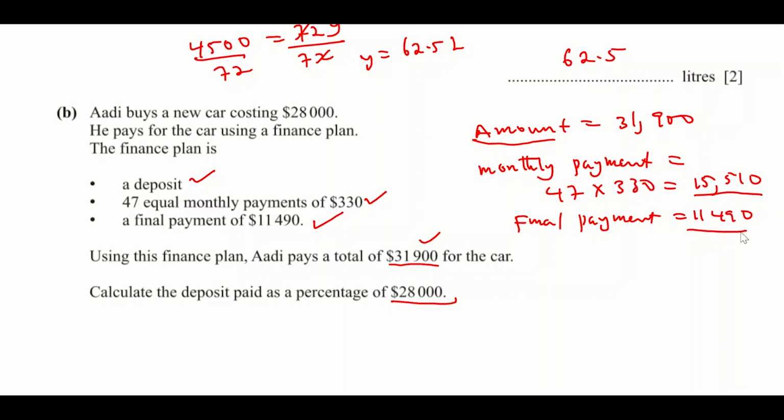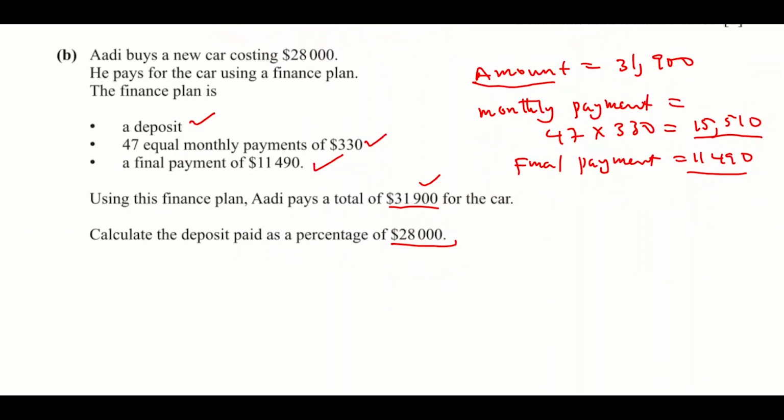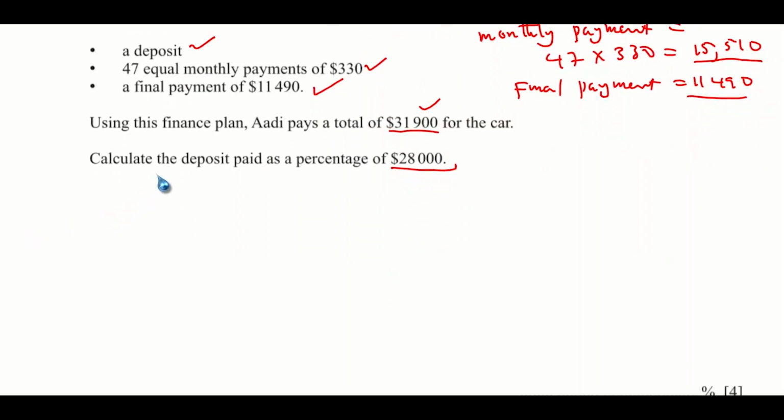From there, we can come down here. The deposit, because that's what we want to find, will be equal to the total amount paid, which is $31,900, minus the monthly payment, which is $15,510, then minus the final payment, which is $11,490.